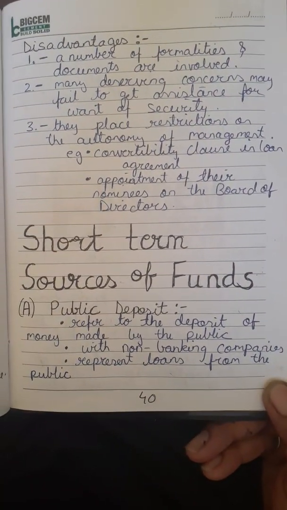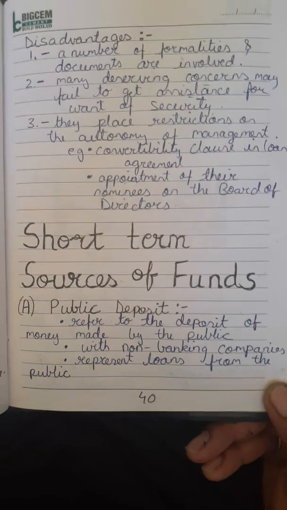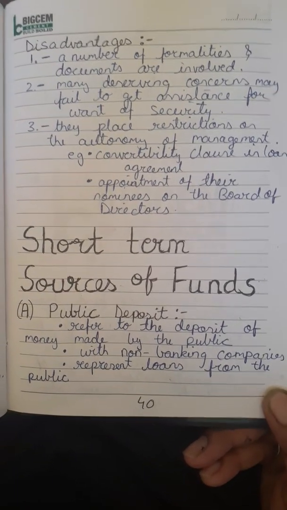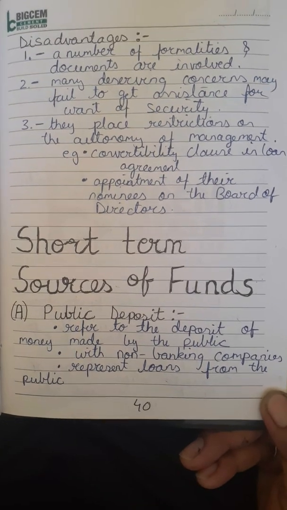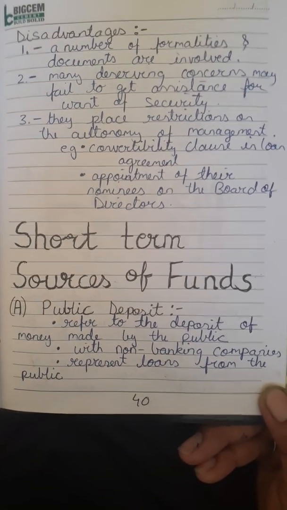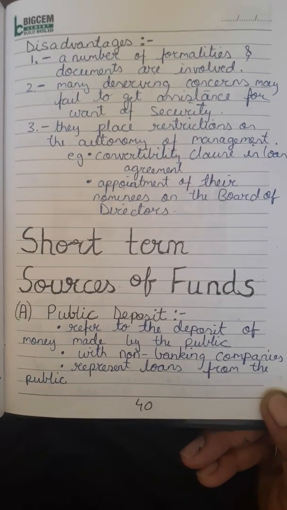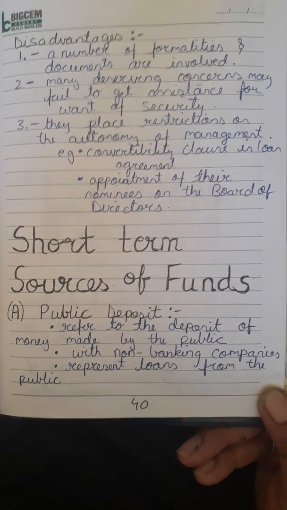This method of deposit developed when our country did not have well established banks, and due to the following reasons it is still popular among the citizens of the country.